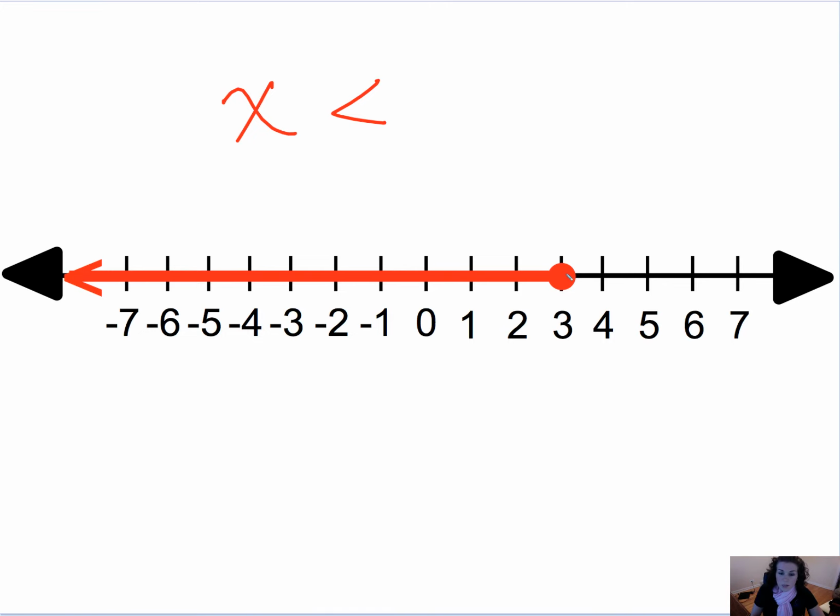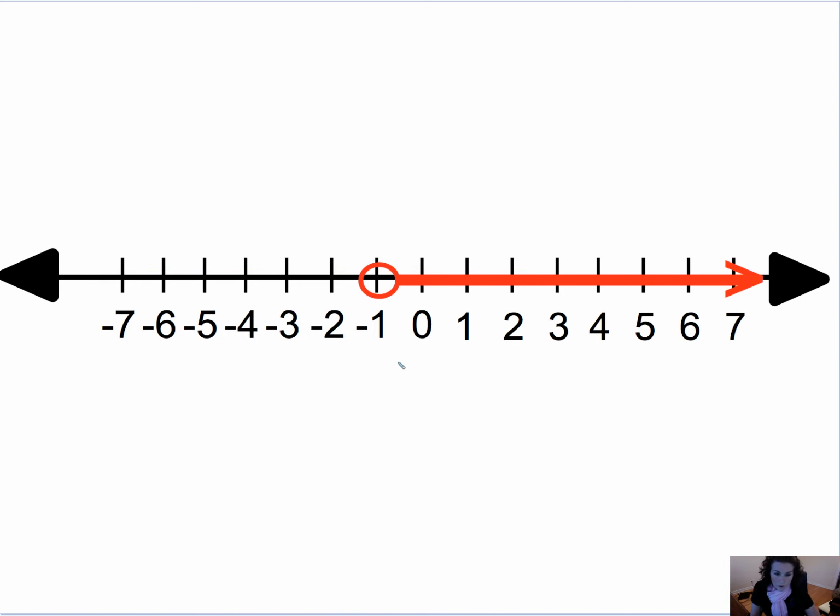And then I need to determine, is it underlined or not? Well, since this is a closed circle or dot, I want to underline it. And then the number here that the dot is on is 3, so I just put a 3 here. So the graph of the inequality is here, and the inequality itself would be x is less than or equal to 3.